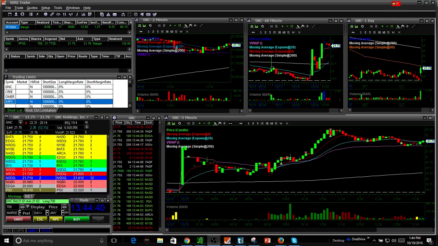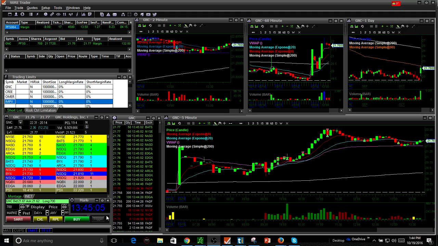Now, if it can't close above this 20 moving average here, which is at 2172, if we can get a close over that, and then the next candle opens and starts to push off of it, I think we're gonna have a trade here by default.